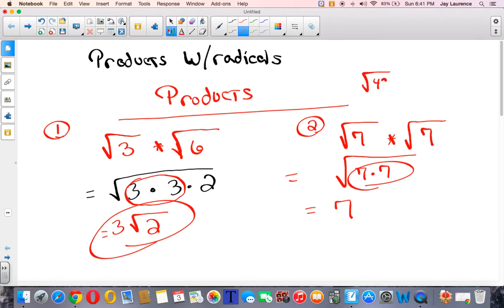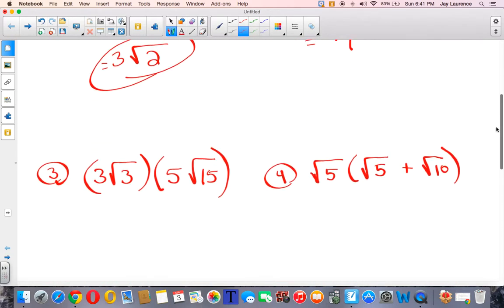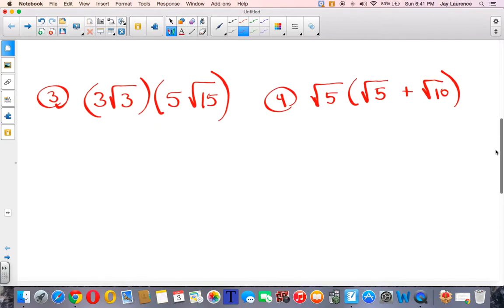And the rad of 49 is 7. Well, sure it is. But a lot of times it's more difficult to multiply them together and then to separate them again.